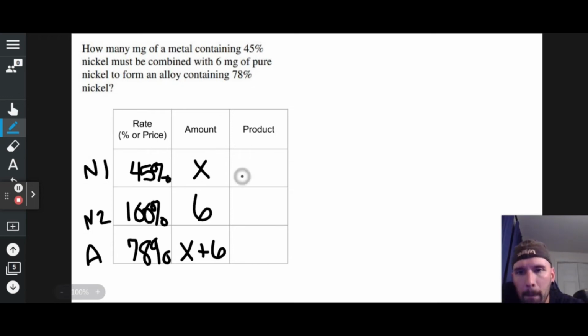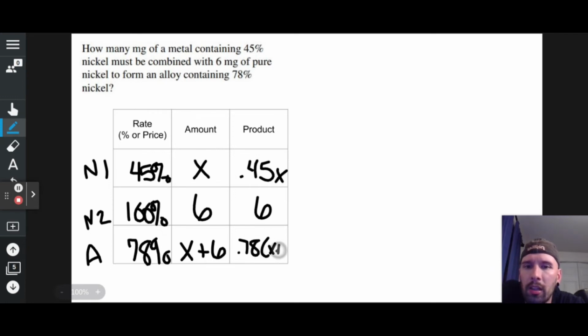So we've got 0.45x right now. We've got 100%, which is 1, times 6, and that's going to equal 0.78 times x plus 6.